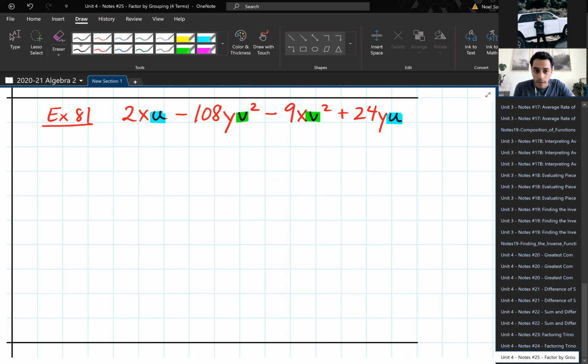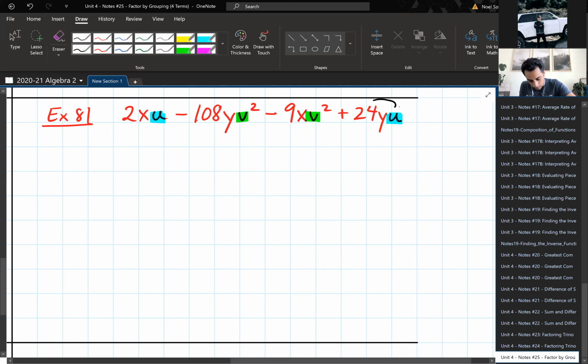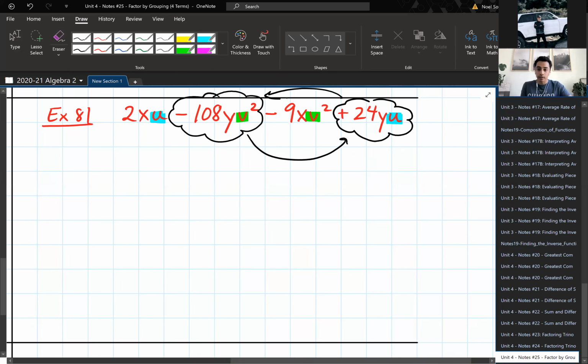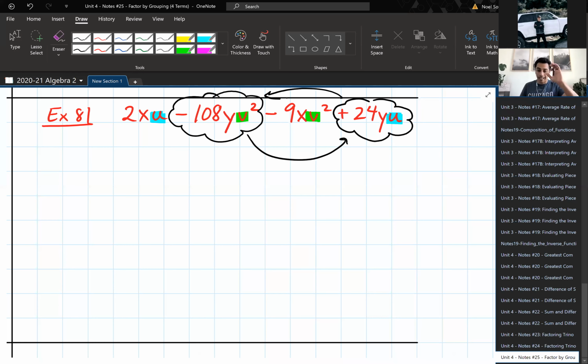You want to swap out the negative 108yv for 24yu. Okay, we can try that. So you want to bring this one and swap it with this one, is what you're saying. Notice, I'm glad you said the negative 108, right? I bubbled the negative 108 because that negative is crucial.